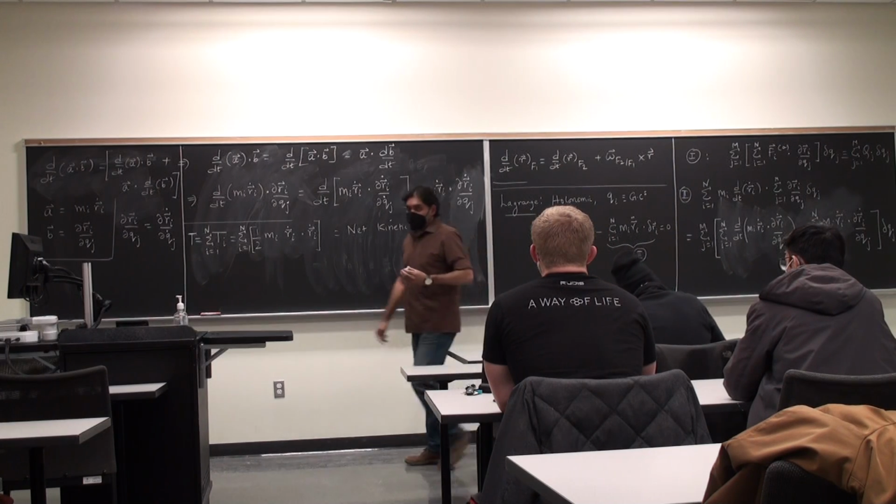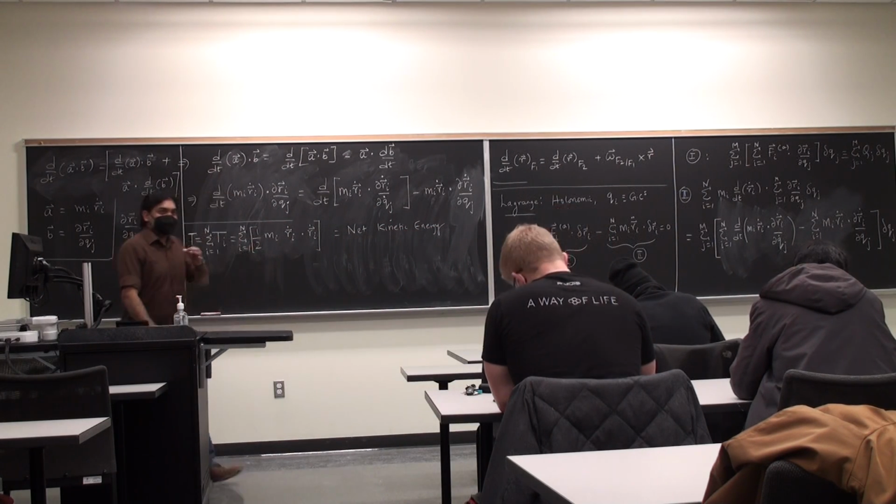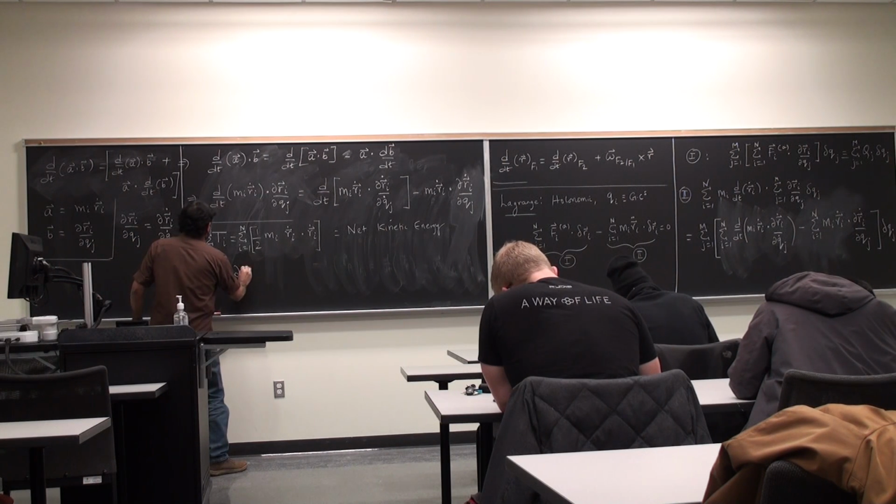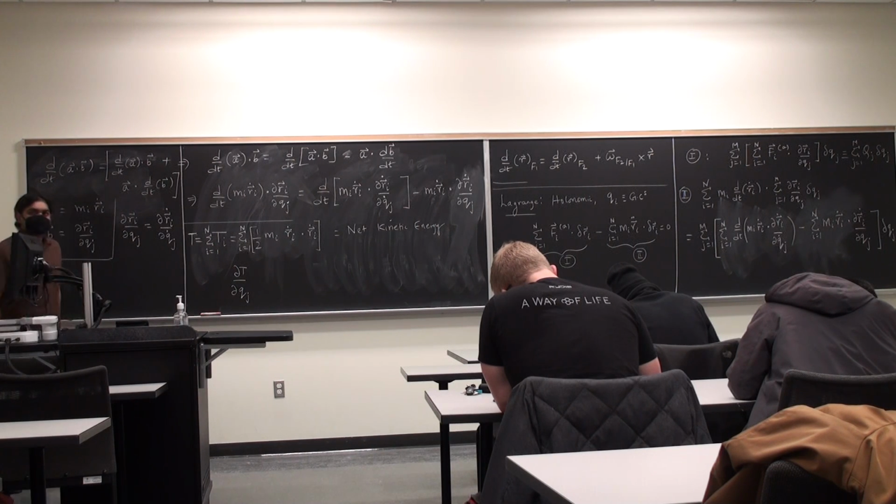Then here is what I'm going to do next. I'm going to take this kinetic energy and differentiate it with respect to q_j. Okay, so look at this. dT by dq_j. What's that going to be?